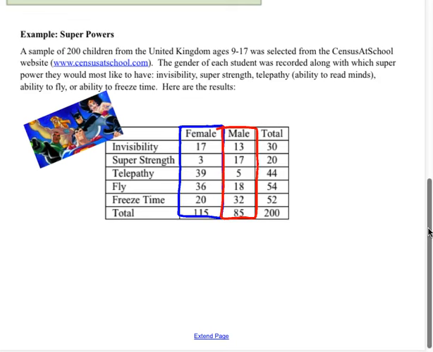And this time I want to know what percent of females wanted invisibility. So to calculate that, for invisibility, 17 out of 115 females, these were kids, wanted invisibility, while only 13 out of 85 of the males wanted invisibility.